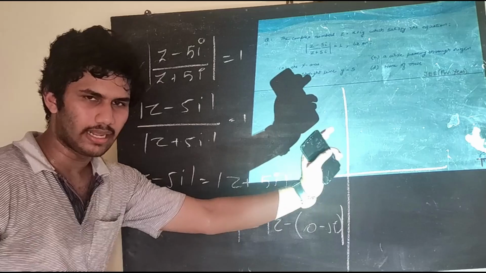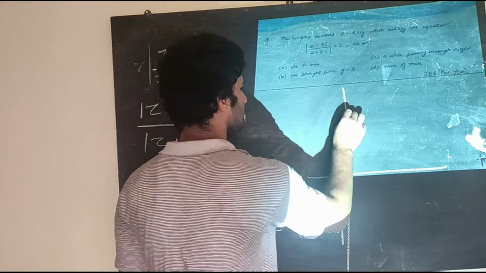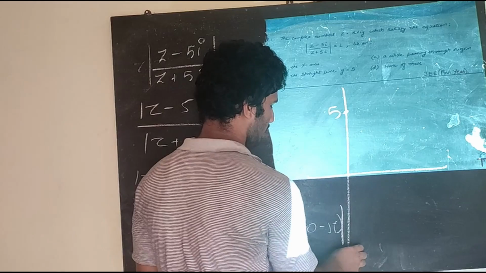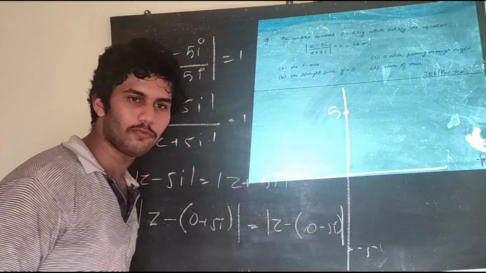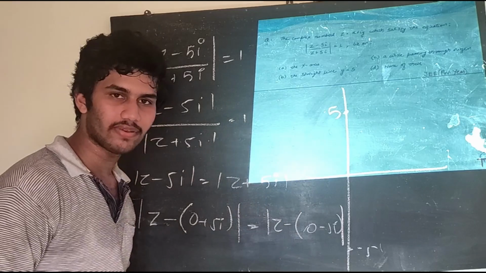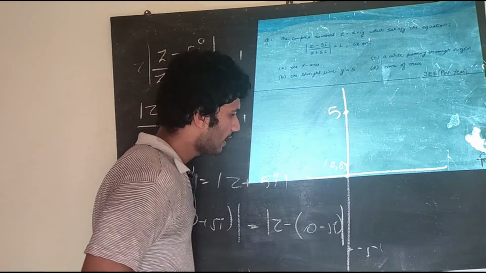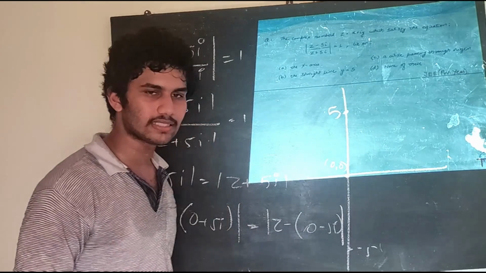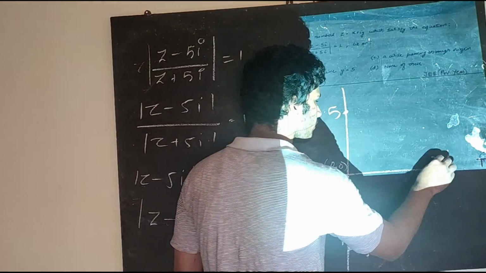So you don't have any real part, you only have the imaginary part. Plus 5i and minus 5i. Plus 5i is somewhere here, minus 5i is somewhere here. Now the perpendicular bisector of 5i and minus 5i passes through the origin, of course, and the x-axis will be the perpendicular bisector. Am I right? So z lies somewhere over here.